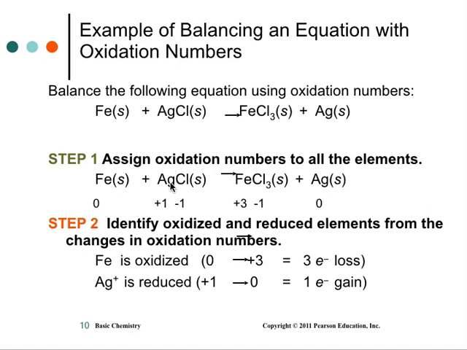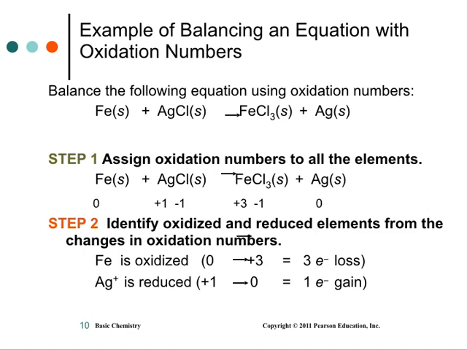That is an accounting that has to be figured when you're doing oxidation reduction. How many went up? How many went down? So if one of them went up by 3, the other one went down by 1, I must have 3 molecules. I have to have 3 of these silver chlorides to turn into 3 silver atoms.